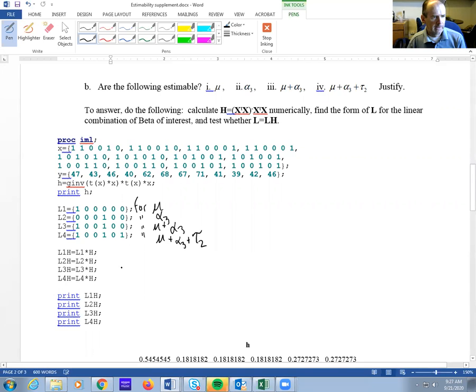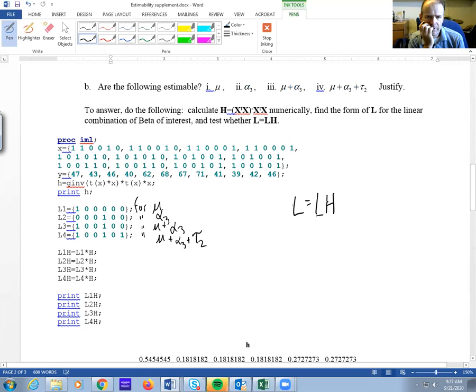I have a quick question. If we look at number 3, where you're looking at mu plus alpha 3, is it the case that if you go up and look at your column vectors, and the sum of those 2 vectors is linearly independent from the other column vectors in your matrix, then it is estimable? I think you have to stick with this. You have to test L equals LH. I'm not sure what you suggested would always work.